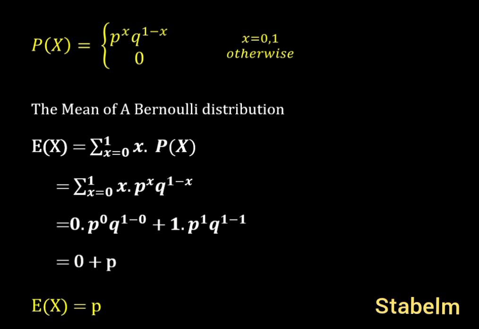Now we look at how to derive the variance of a Bernoulli distribution. If you are not using the moment generating function to derive it, we have this formula: variance of x equals E of x raised to power 2 minus E of x all raised to power 2.